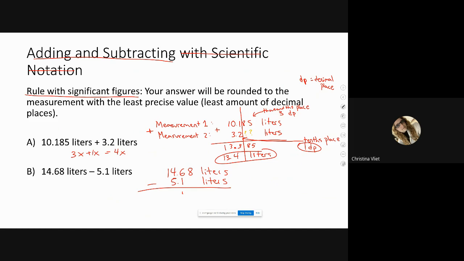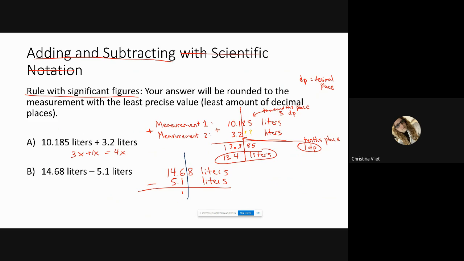After the 8, right? Because there's no number here, so we can't say that that's significant in our final calculation. So wherever there's a missing value, you can't include it in your final answer. So we only know the degree of precision for both to the nearest 10th place, or 1 decimal place.